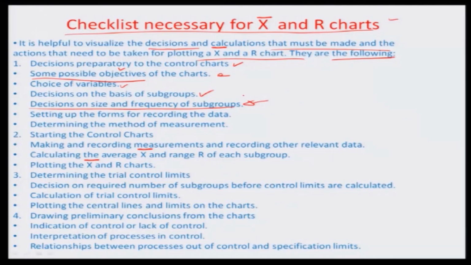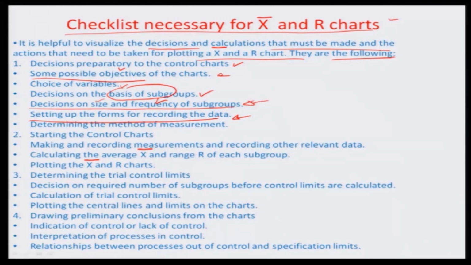After the decision on the basis of the subgroups, having made decisions on the size and frequency of the subgroup, you then set up the forms for recording the data. In fact, I am going to show you such a form in the next slide, where we can give you an organized representation of how this recording of the data can be carried out.